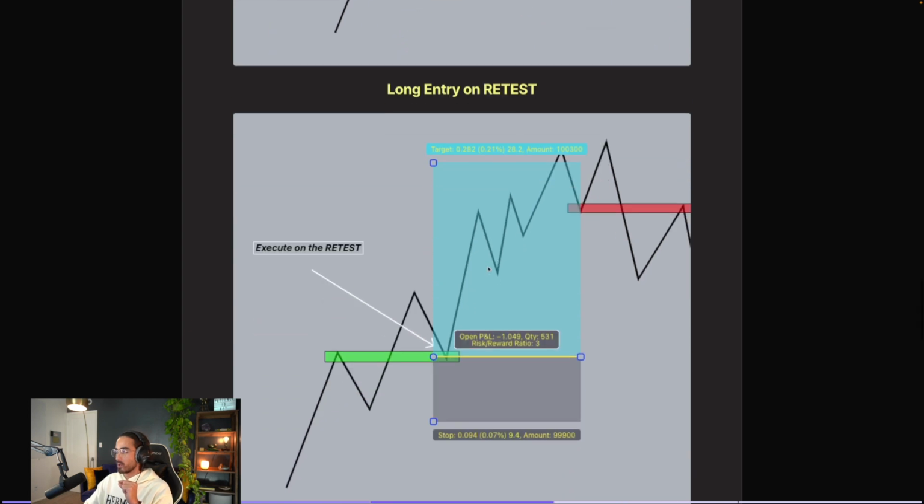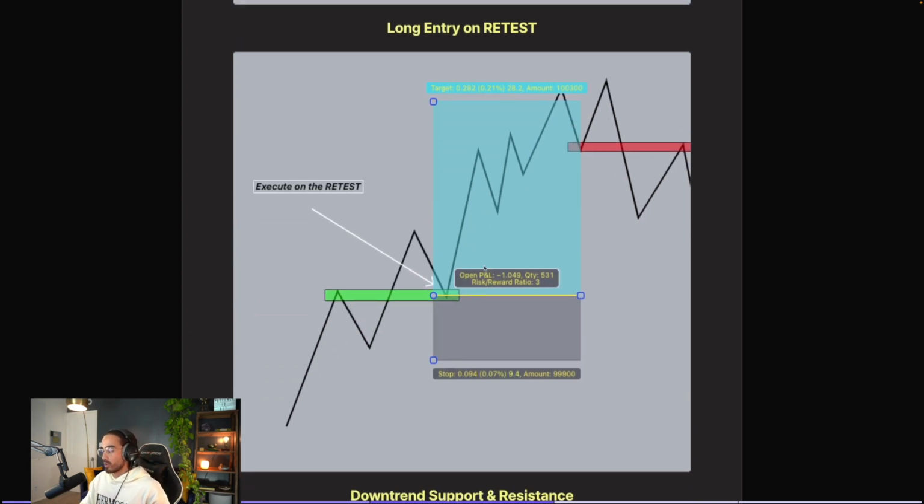Okay. So for our long entries, we're looking to catch the retest. All right. So once the resistance has been broken and it's turning to support, we're looking at a minimum to catch the retest on that support.